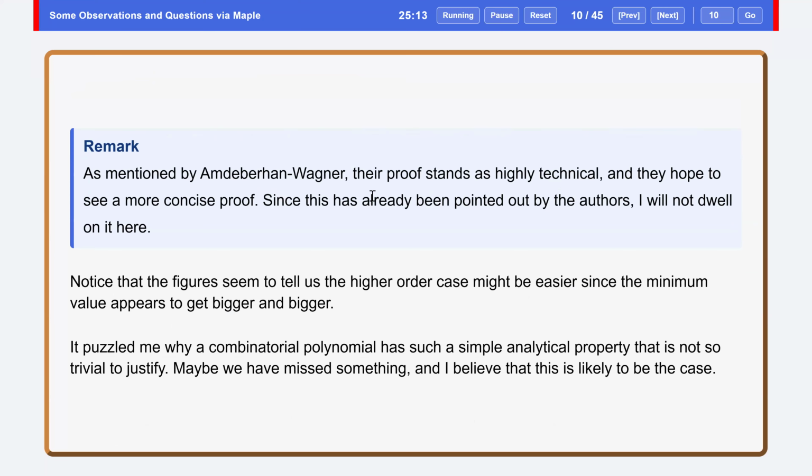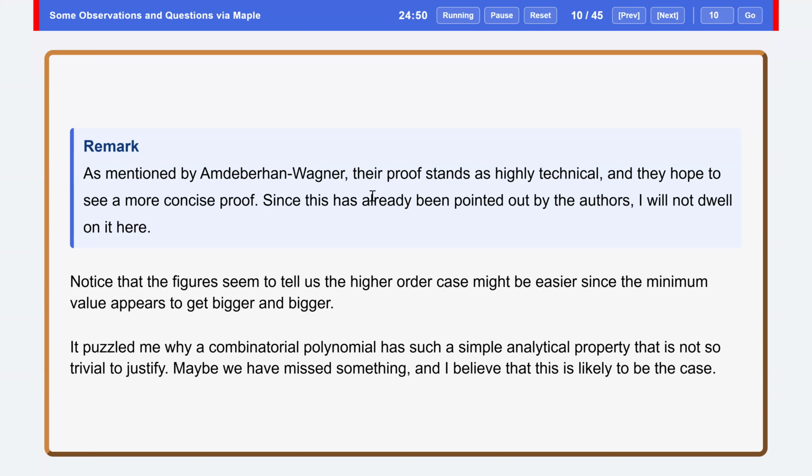Here is a remark. As mentioned by Berhuan and Wagner, their proof is highly technical, and they hope to see a more concise proof. Since this has already been pointed out by the authors, I will not dwell on it here.